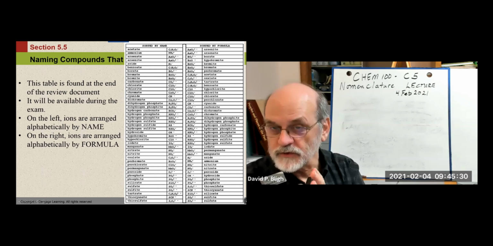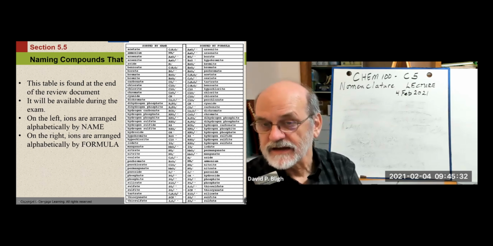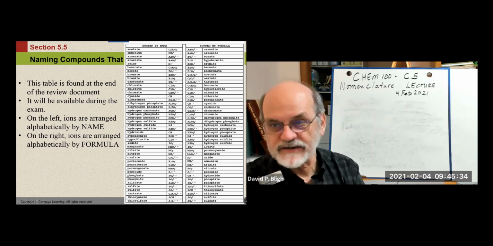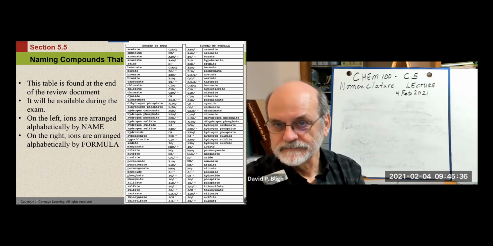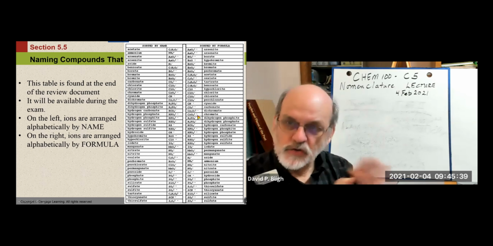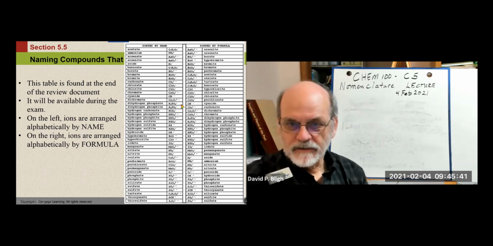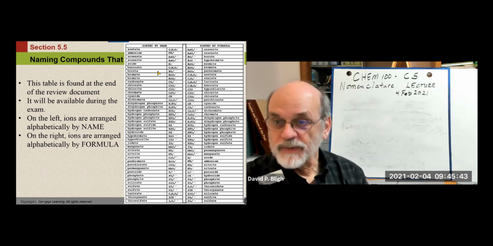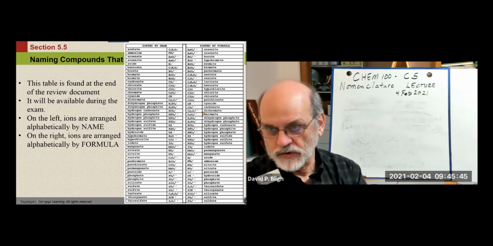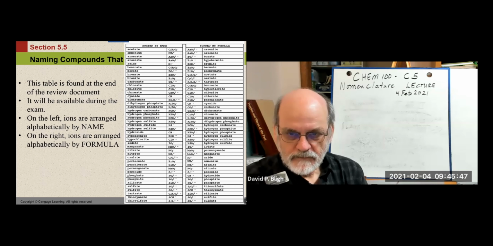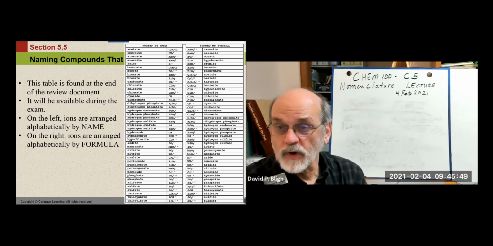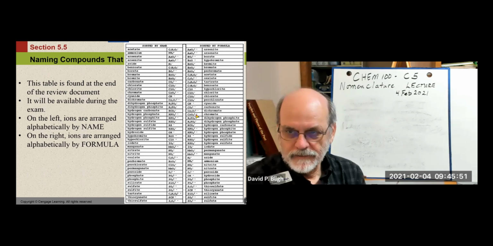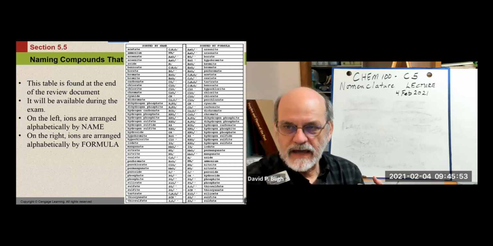So AsO3 3- is arsenite, and it's first, not acetate. So you got two ways to look them up. Everything on the left is repeated on the right, but in different order. Okay, so that's the one that you'll have access to in the review document and on exams.